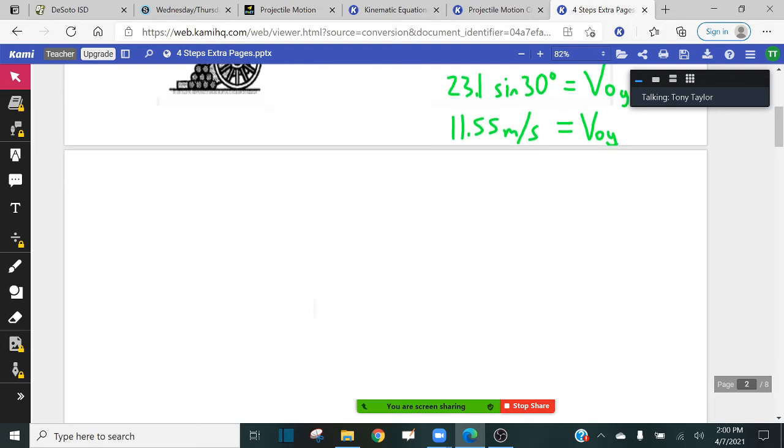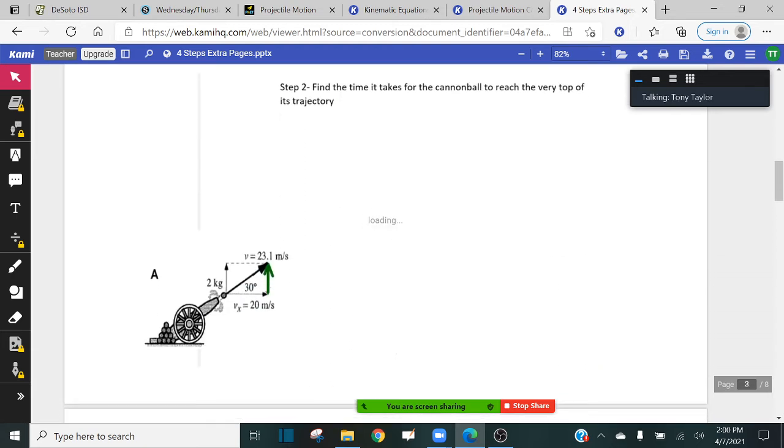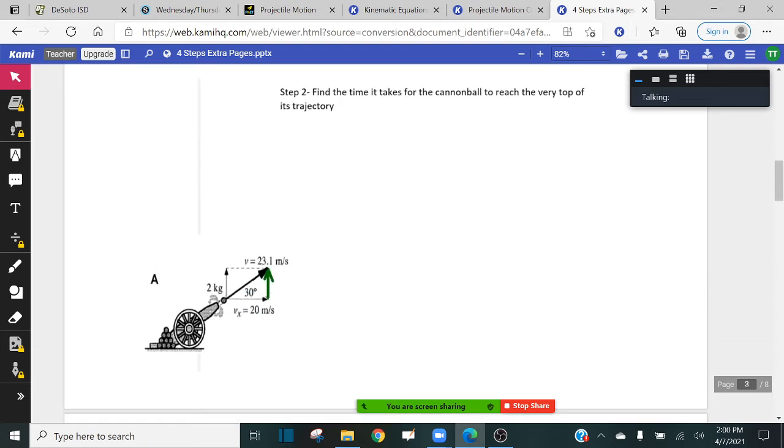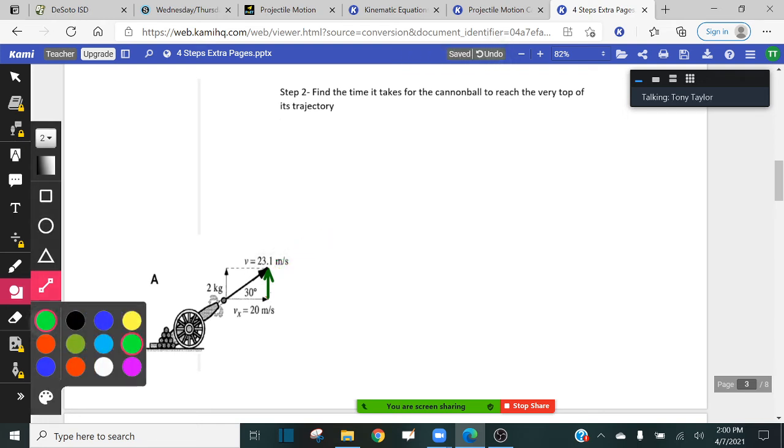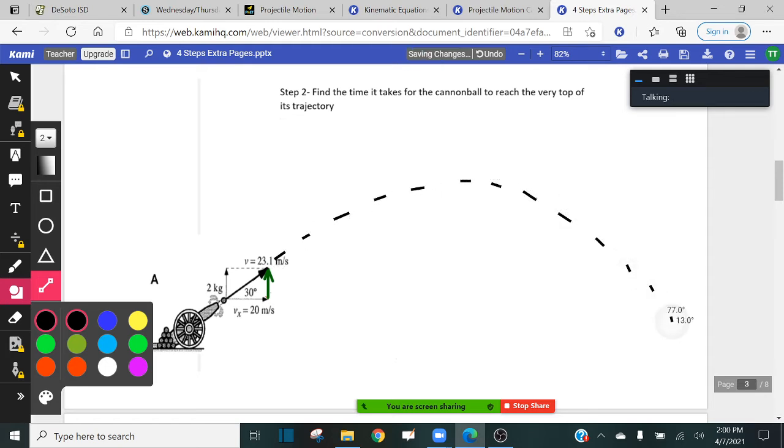Step two. Let's move on to step two. Step two says, find the time it takes for the cannonball to reach the very top of its trajectory. It should be obvious that if you launch this cannonball, its motion will look something like this. It's going to go up, and then eventually it's going to come back down like this.